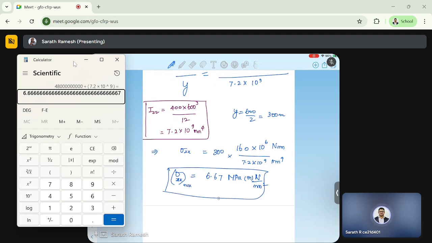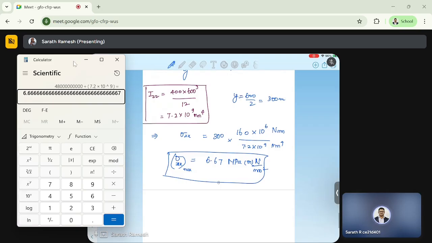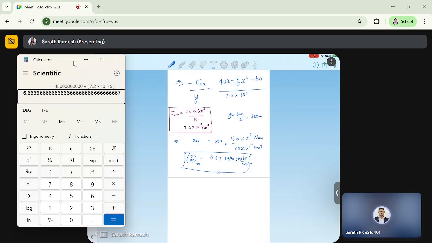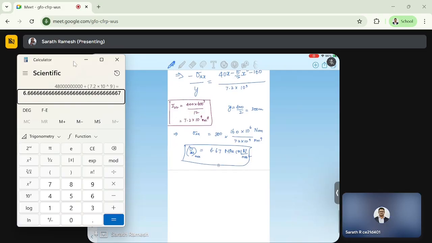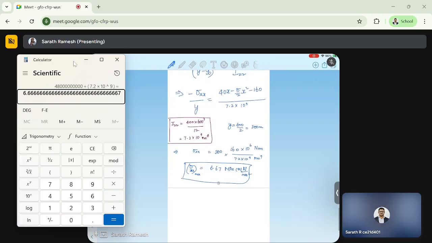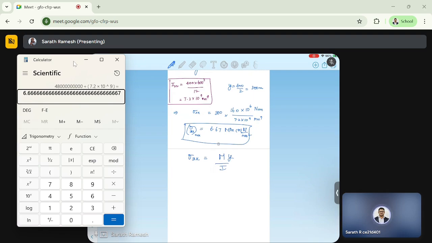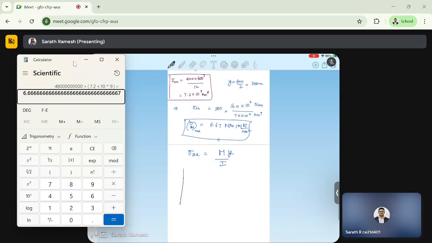Now, if you want to find the variation of bending normal stress, we can do it at the section where my bending moment is maximum. It's going to look like sigma xx equal to M into y by I. It's a function of y, where y is the depth value, so it's going to be a linear straight line. At the top, will it be in compression or tension?